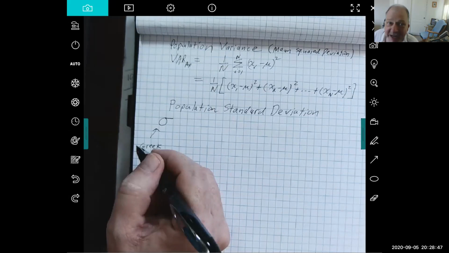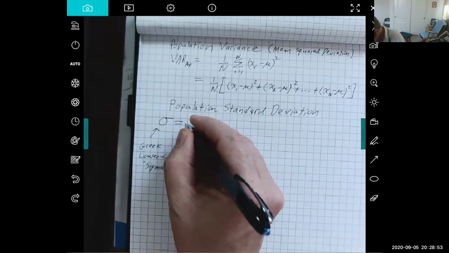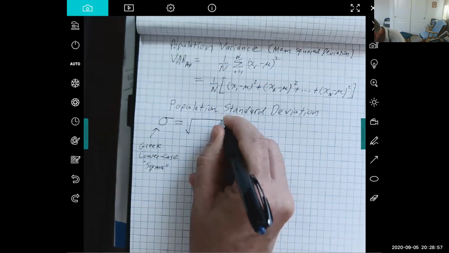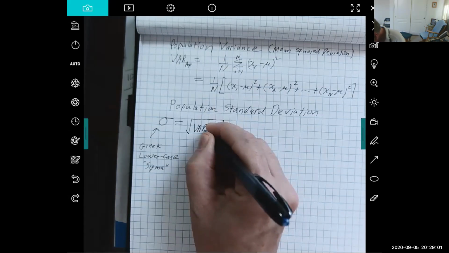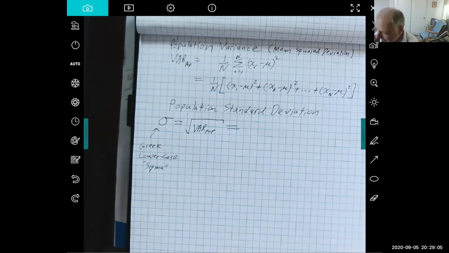I think it stands for standard. So that's just the square root of the variance.